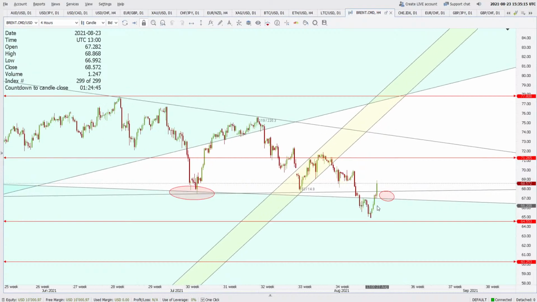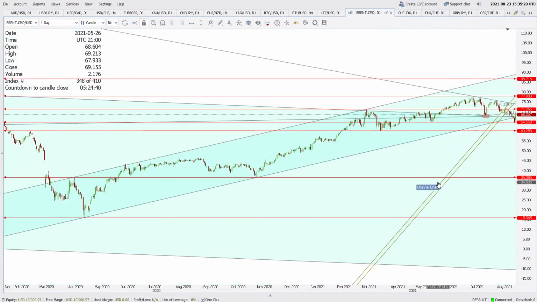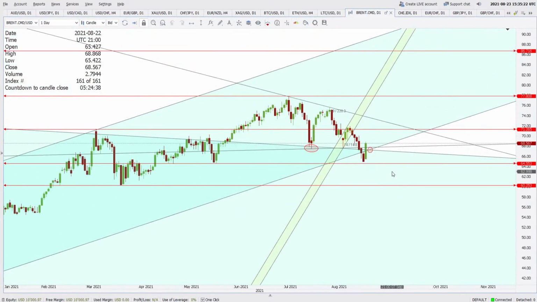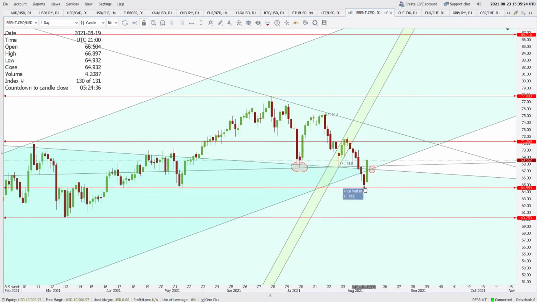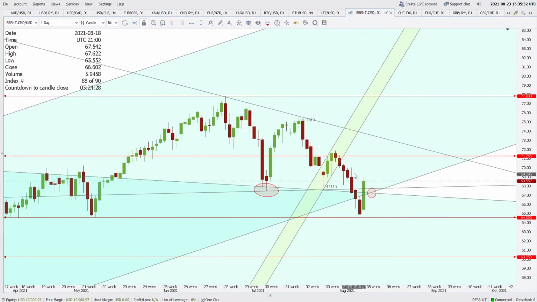Brent closed the day below the important and crucial level, but then there was only one day's follow-up. Today I think there has to be some news against the US dollar, because all other pairs against the US dollar are rising for no reason, and that means technicals are holding, but there has to be some fundamental reason.